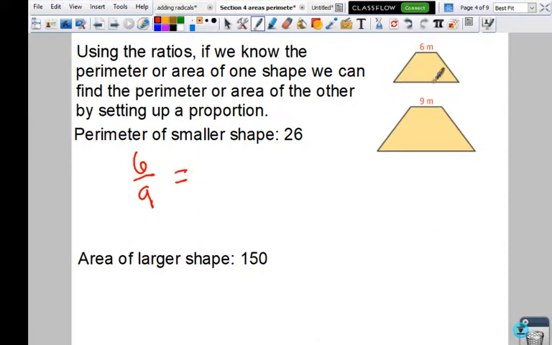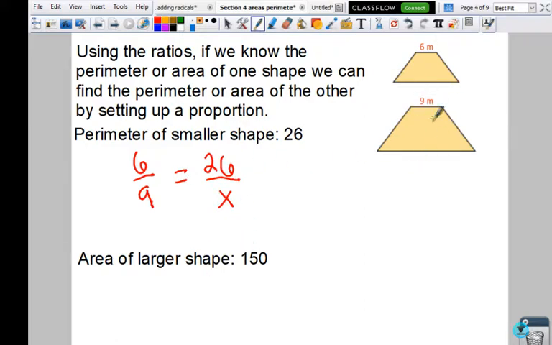Because I went from small to big when I wrote this first ratio, I've got to keep it that way. So 6 over 9 is going to equal the perimeter of the smaller over the perimeter of the bigger. The perimeter of the smaller is 26, and I don't know the perimeter of the bigger, so I'll use x. I've set up a proportion that we can solve using our fish method, or we can cross multiply. It doesn't really matter either way.